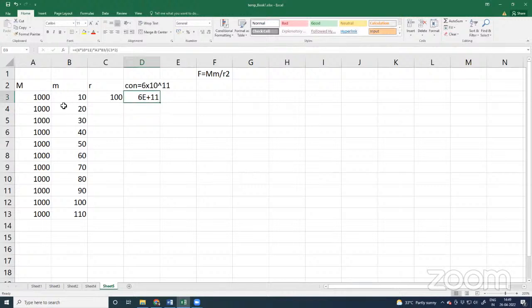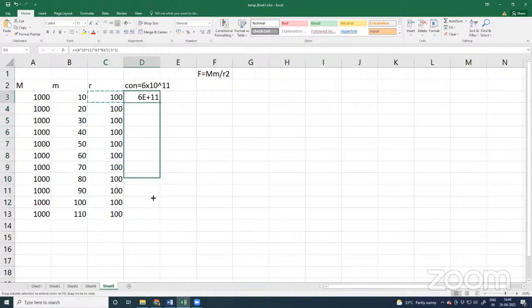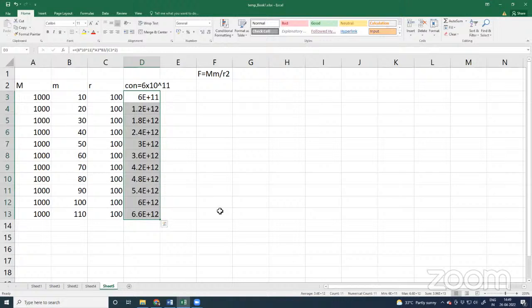Because these masses are very small, you will get a force of the order of about 10 to the power of minus 11 to a great extent. If you change the R value, or keep the same R value for all of them, try to estimate this formula. You can see the values are changing to some extent.